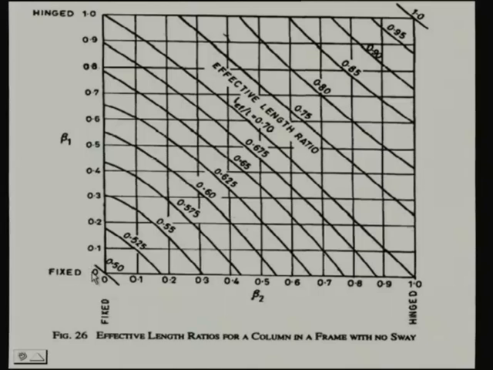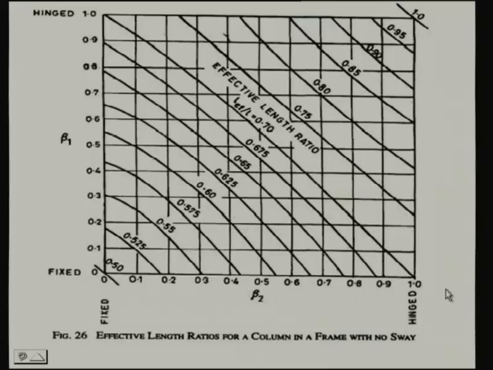This is your fixed position, and if both ends are fixed, then we shall get 0.5. Similarly, beta 1 can have a value from 0, fixed, to 1, hinged. Similarly, the other end also goes from 0 to 1.